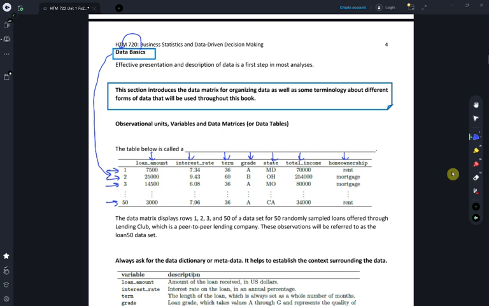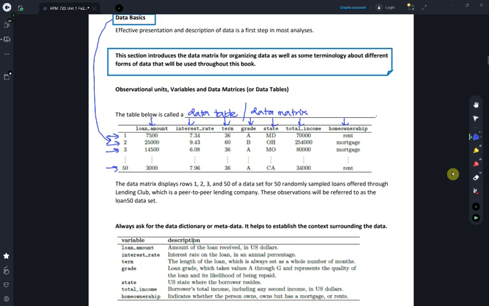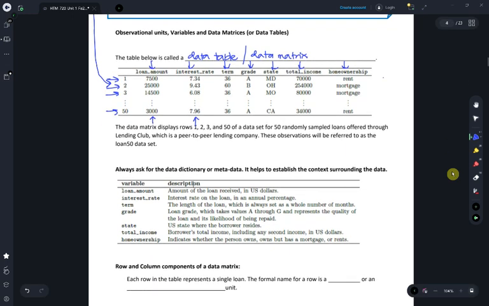So such a two-dimensional layout is called a data table, or some might call it a data matrix. In a data table, we will have columns that represent variables, and we'll have rows that represent observations.